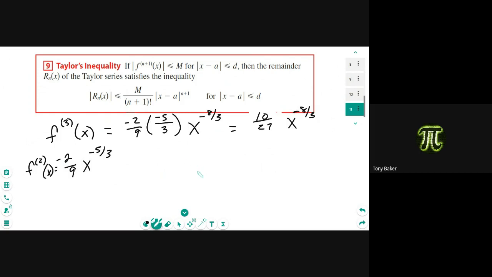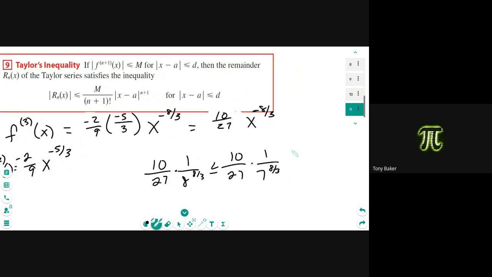So I have 10 over 27 times 1 over 8 to the 8 thirds is less than, obviously, the 1 over 7 to the 8 thirds. And nobody's going to figure that out by hand, so don't worry. If you calculate that, you get 0.0021.